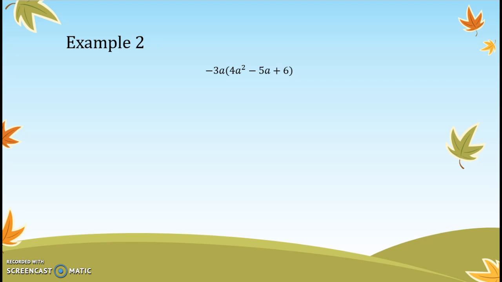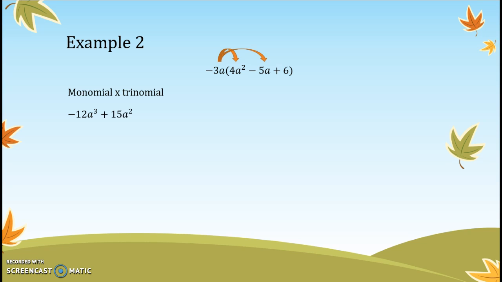Here we have negative 3a times 4a squared minus 5a plus 6. So we have a monomial times a trinomial. We need to share that negative 3a with each piece inside the parentheses. So we'll start with taking negative 3a times 4a squared, or negative 12a cubed. We're multiplying our base of a, so we add our exponents.